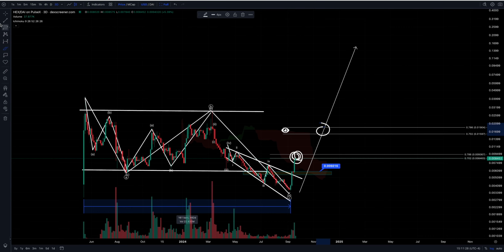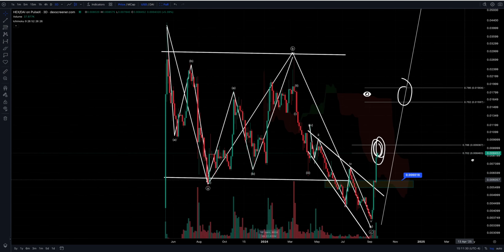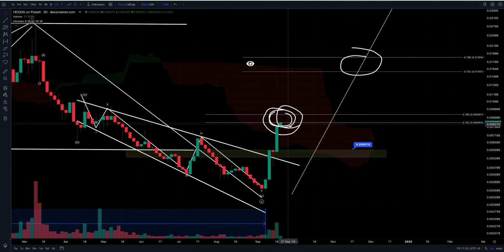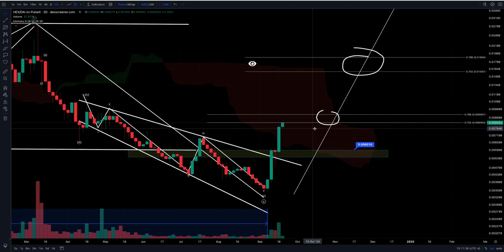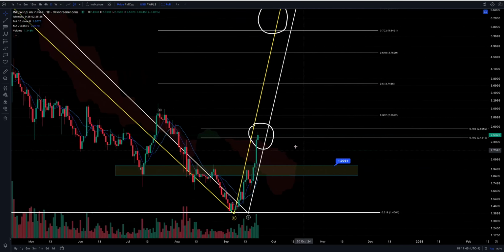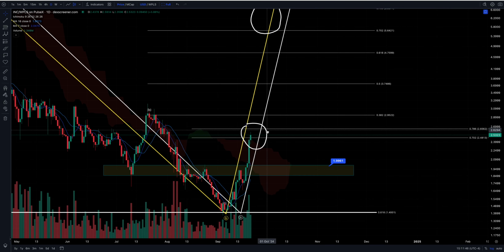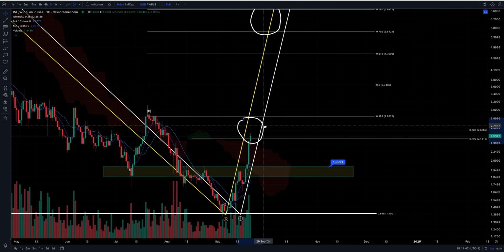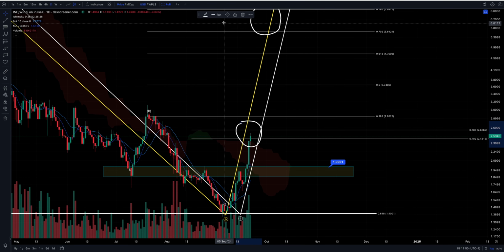This is HEX, or sorry, pHEX. So this intermediate resistance right here. This is Incentive, approaching the 786 here. So this resistance here in order to confirm higher.